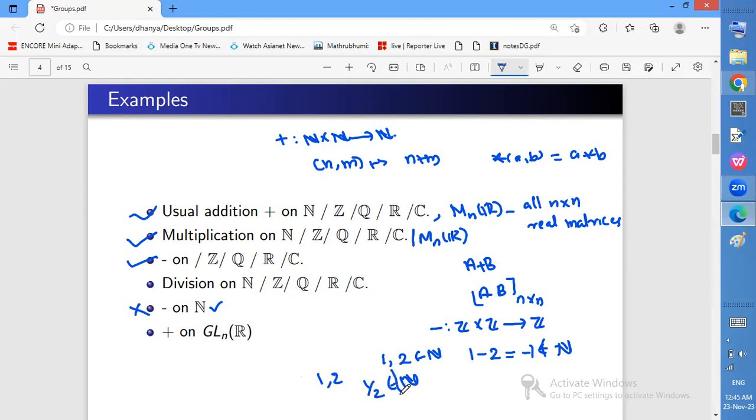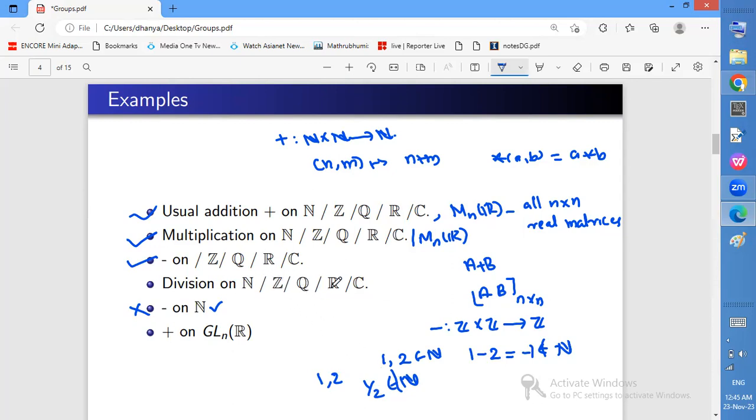It does not belong to N, which means N is not closed under this operation. So this cannot be a binary operation on the set of natural numbers. With the same example, you can say that it is not a binary operation on any of these sets. I'm sorry, the same example will work for Z.